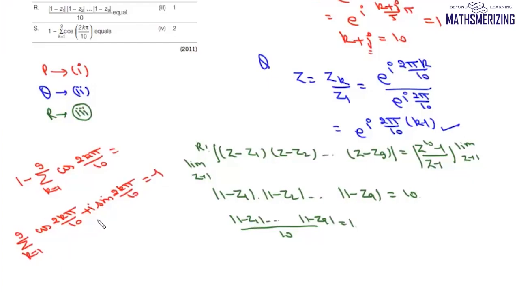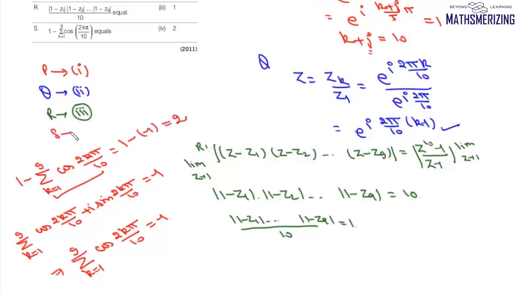Now comparing real and imaginary part, from the real part we'll get summation k varies from 1 to 9 cos 2k pi by 10 is equal to minus 1. So if we put the value of this summation here, we'll get 1 minus minus 1, which is nothing but 2. That means this S matches with 4. So the answer to this question is P matches with 1, Q with 2, R with 3, and S with 4.